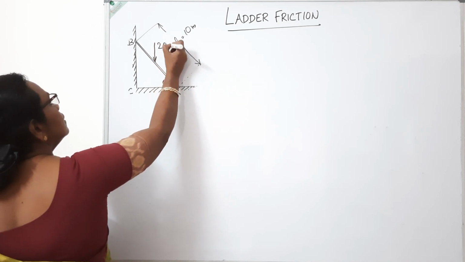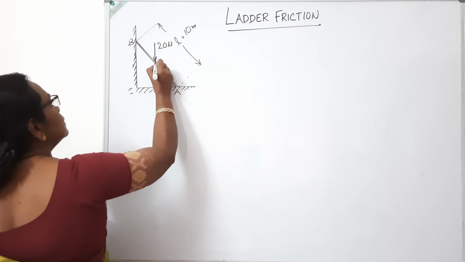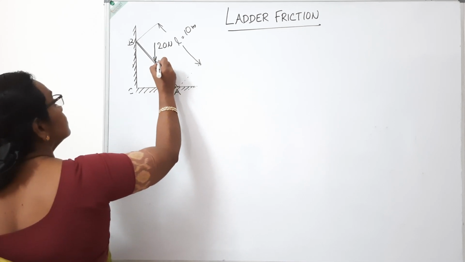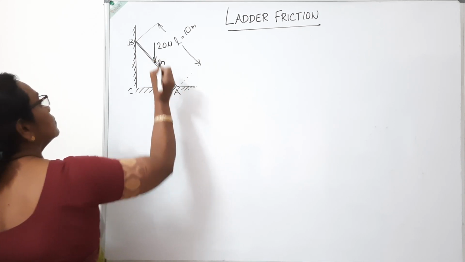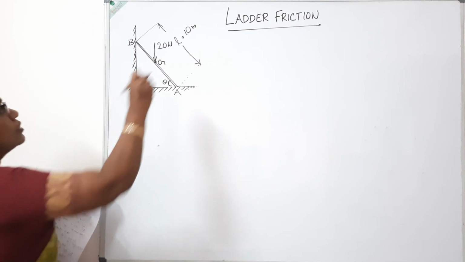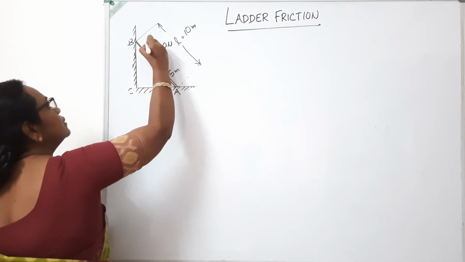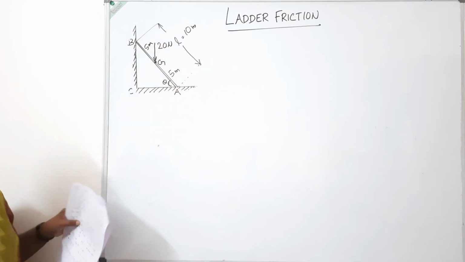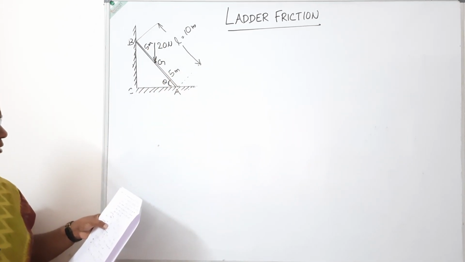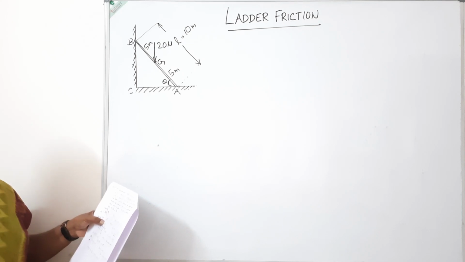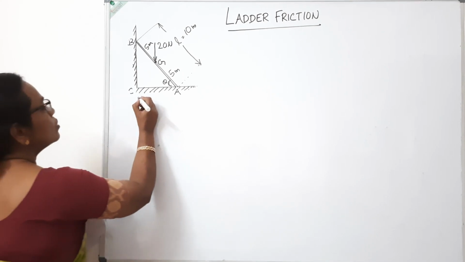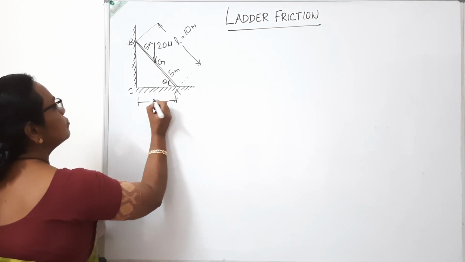It will act at the center. If it is 10 meter, this distance is 5 meter and this distance is 5 meter. Then its lower end is 8 meter from the wall.